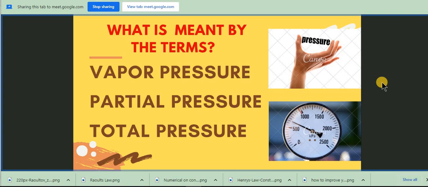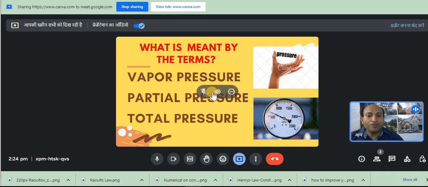Now my question here is, what is the meaning of partial pressure? For example, there are two components, both volatile. If you add those components in a particular vessel or cylinder and measure the pressure, it will give the total pressure.